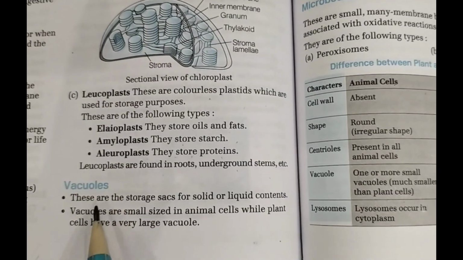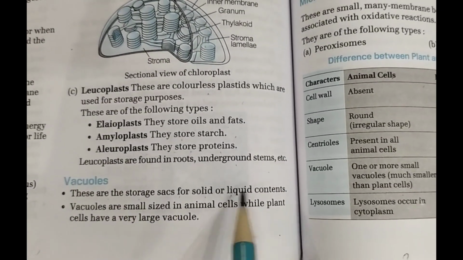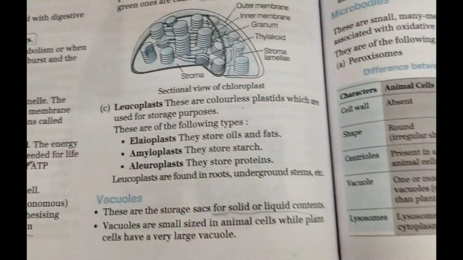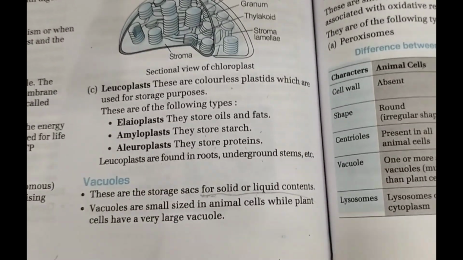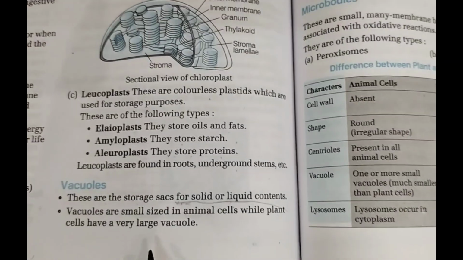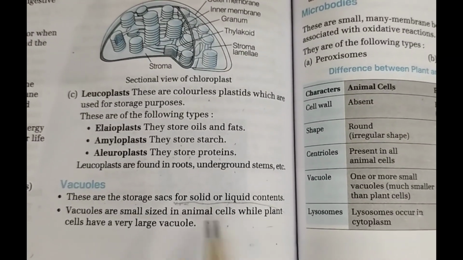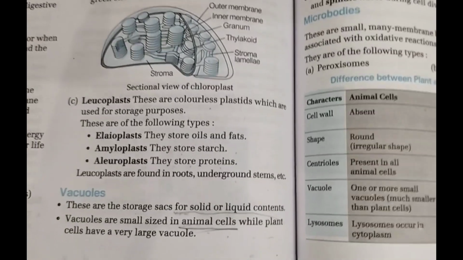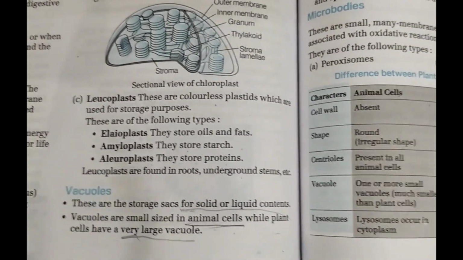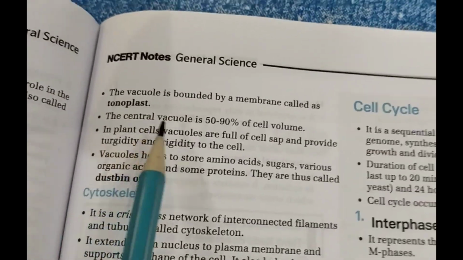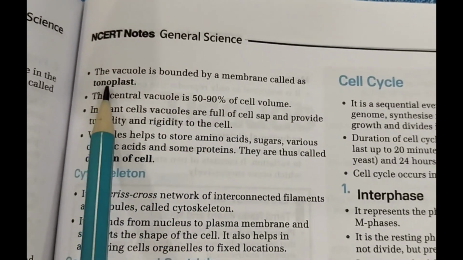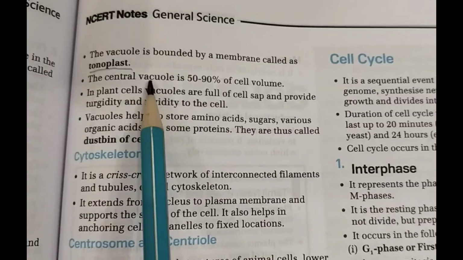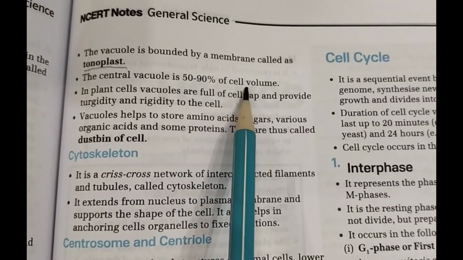Next is the vacuoles. These are the storage sacs for solid and liquid content. ये क्या एक तरह का storage sac है, किसके लिए? Liquid और solid content के लिए. Vacuoles are small in animal cells while plant cells have very large vacuoles. Animals में ये vacuoles बहुत छोटे होते हैं, और plants में ये बड़े होते हैं. The vacuole is bounded by a membrane called tonoplast. किससे bound होता है ये? Tonoplast. The central vacuole is 50 to 90% of cell volume.